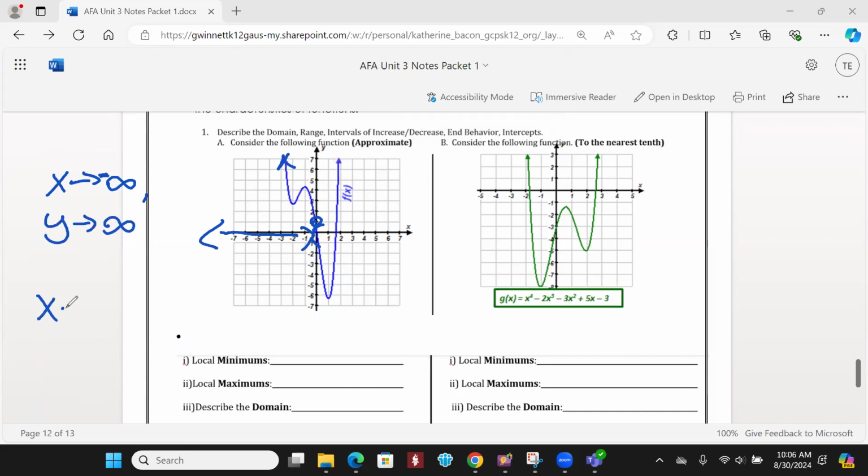As we move to the right, so as we go to positive infinity, where are our y values going? So in those blanks, you're putting infinity and infinity. When you think of end behavior, it's as if you're standing in the middle and looking to the left and looking to the right, and you're telling me which way they're going. Good?